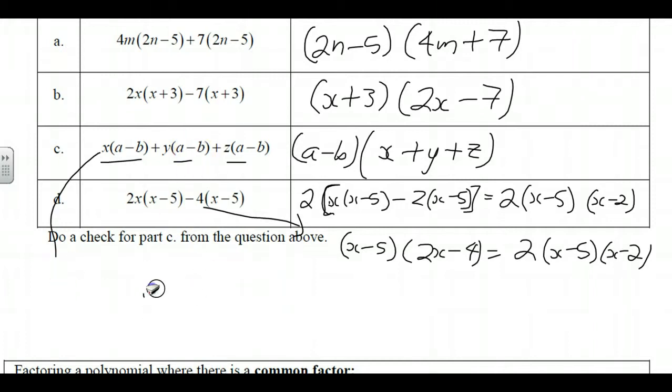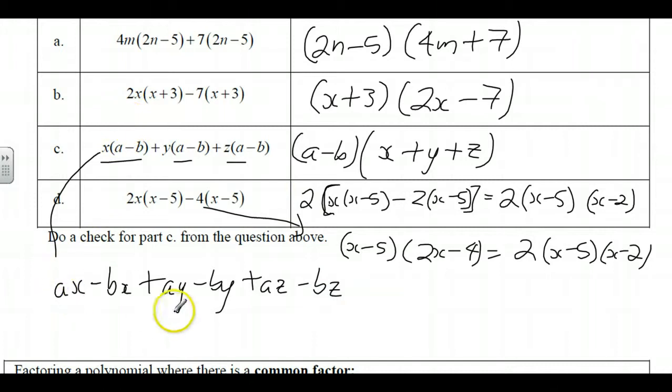Okay, when we're going to multiply, if we want to be looking at the same thing, so XA, we're going to call that AX minus BX plus AY minus BY plus AZ minus BZ. Right? So let's keep terms in alphabetical order. There's nothing that collects together. There are no common terms.